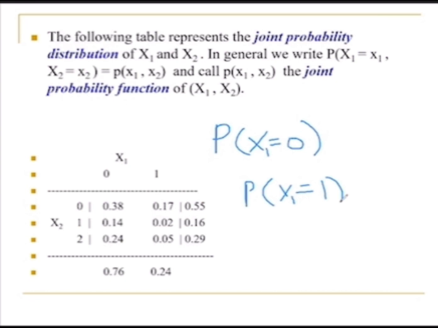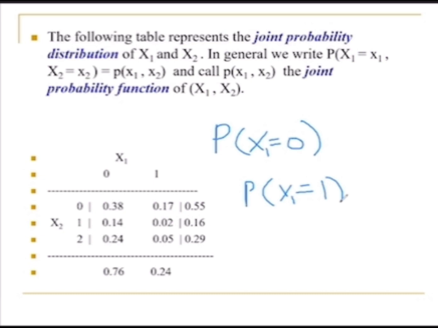So if I want to find the probability of X1 equal to 0, then it means I'm actually going to sum over X2 from 0 to 2 of the f of x, y.